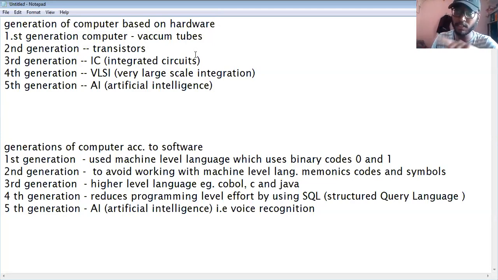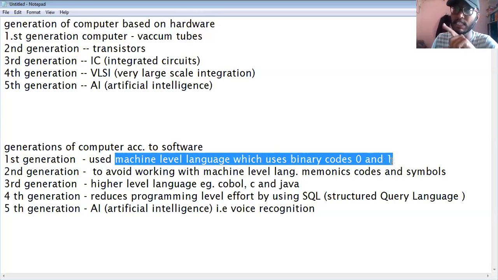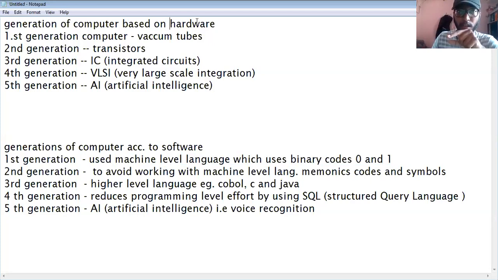In your first generation, vacuum tubes were used according to hardware, whereas according to software, they started using machine level language, which uses binary code, that is 0 and 1. Now in second generation, according to hardware, they started using transistors.